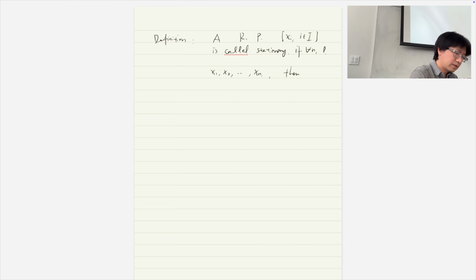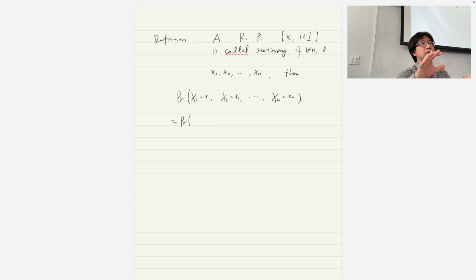The probability that X1 equals x1, X2 equals x2, up to Xn equals xn equals, if we shift this random process by some amount L, the probability that X1+L equals x1, X2+L equals x2, up to Xn+L equals xn. When we shift this random process over time, the distribution is exactly the same, and this is a very strong assumption on stationarity.